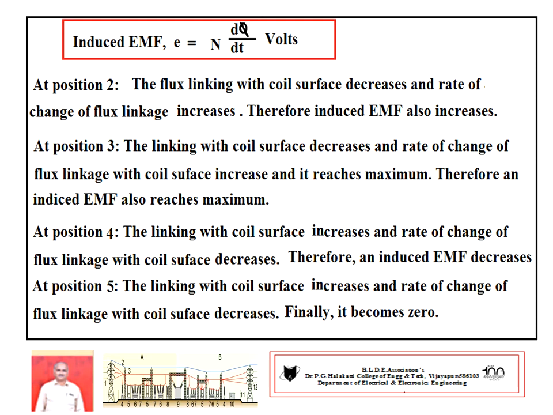Apply this equation at position 1, position 2, position 3, different positions from 0 to 360 degree. When d phi by dt is 0, EMF becomes 0. When d phi by dt increases, EMF increases. When d phi by dt decreases, EMF decreases. That is what was explained here, sir. So try to understand.